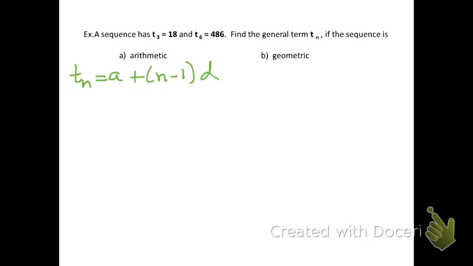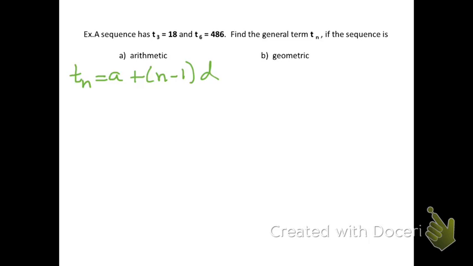Okay, and we want to write the general expression in a way that will allow us to solve for whatever the value n is. So we have two unknown variables, a and d, that we need to solve for, and we're given two pieces of information.